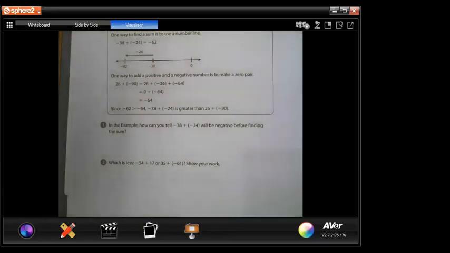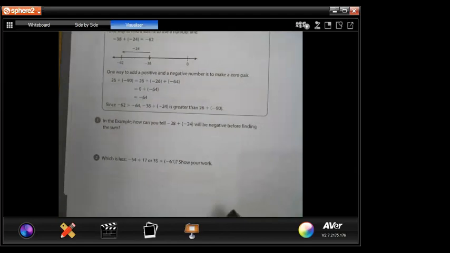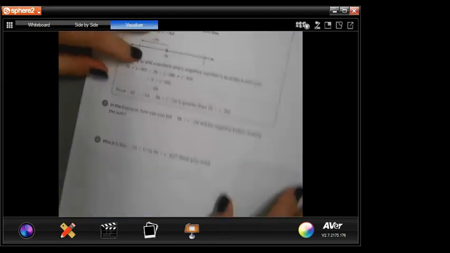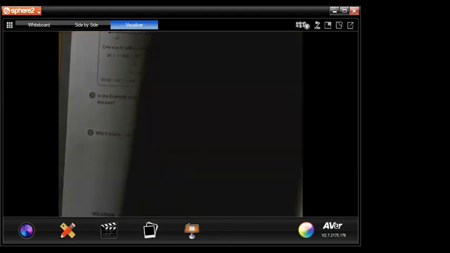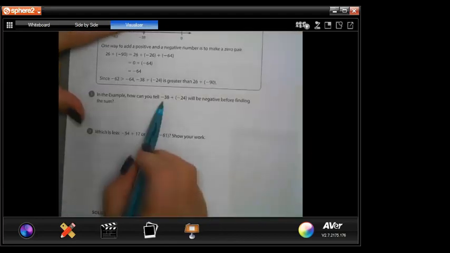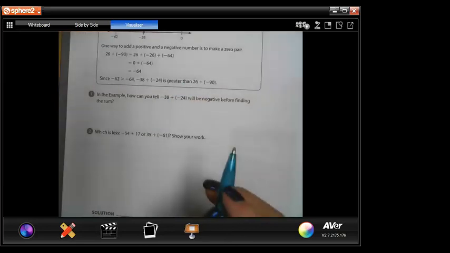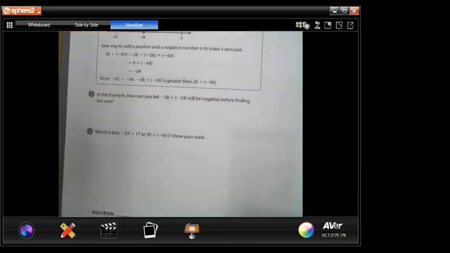All right, so I really quick want to go through the answers of these problems with you guys. So if you take a look at this, for this problem right here, in the example, how can you tell that a negative 38 plus a negative 24 will be a negative without even finding the sum?